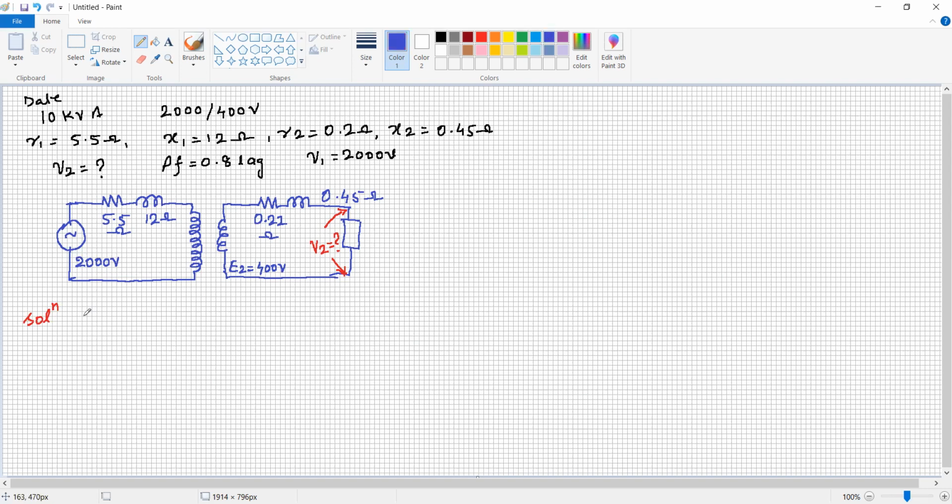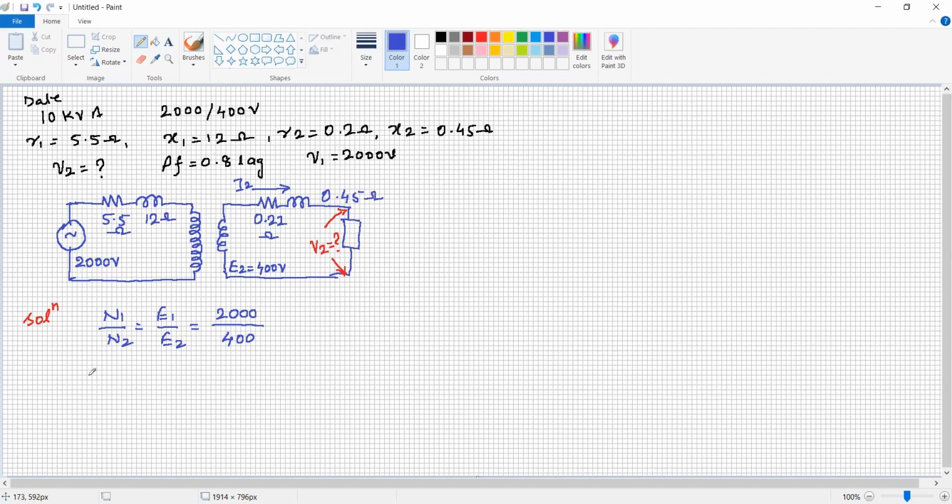Now N1 upon N2 is equal to E1 upon E2, which is 2000 divided by 400, so the turns ratio is 2000 by 400. Now V2 needs to be calculated. First we will calculate the value of current I2. The resistance and reactance are referred to the secondary side.